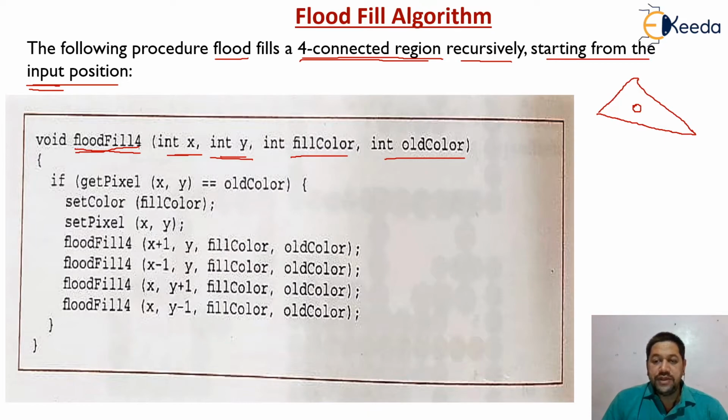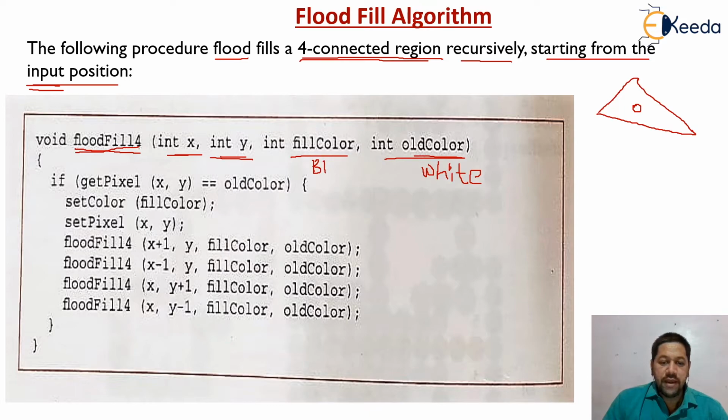So this pixel has the background color white, and now white becomes the old color. Getting me? So I just write it here: white is my old color. My fill color, suppose I take this as blue.